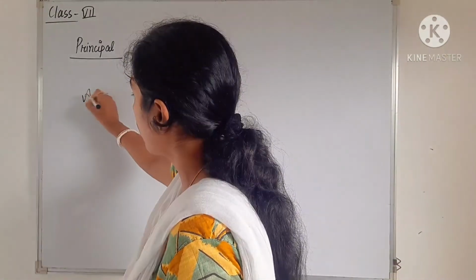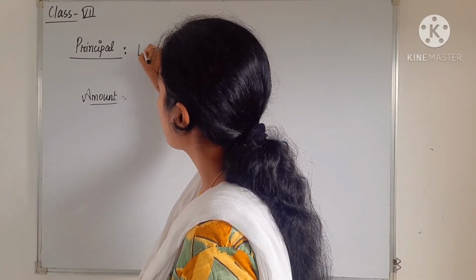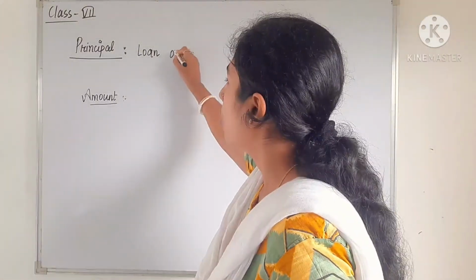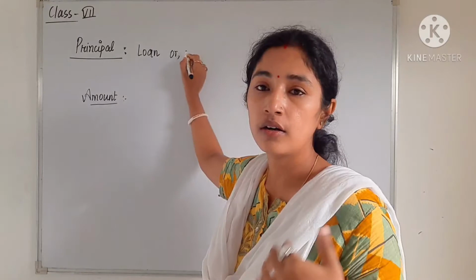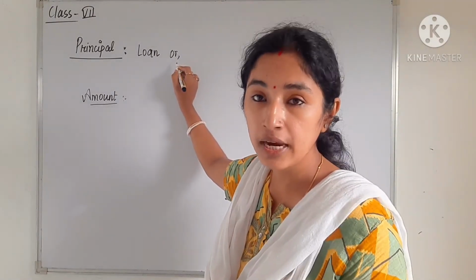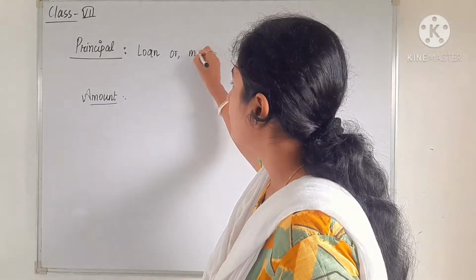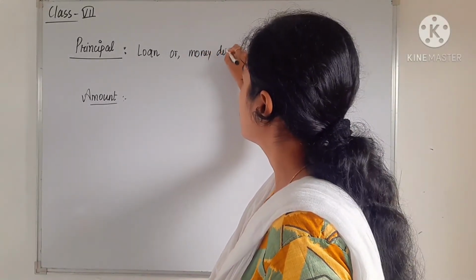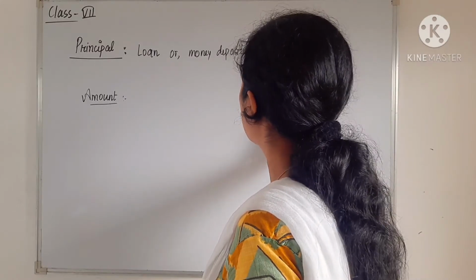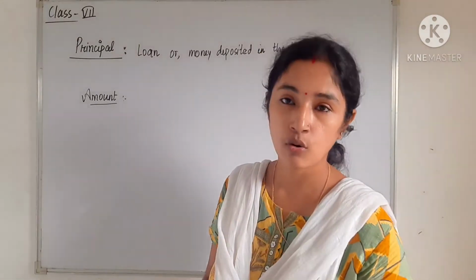So there are two things you have to remember. Principal is the loan amount which you are going to take, or the money you are taking from your friend or from a money lender. And the money deposited in the bank is also called principal. So these types of amounts are called principal.